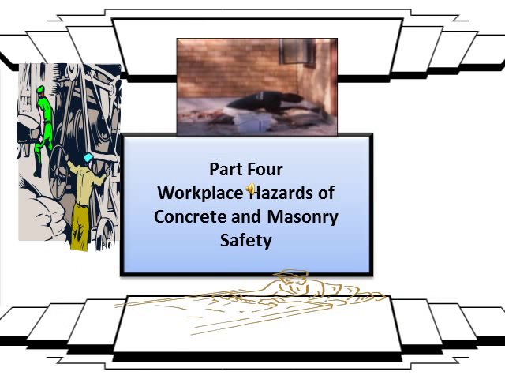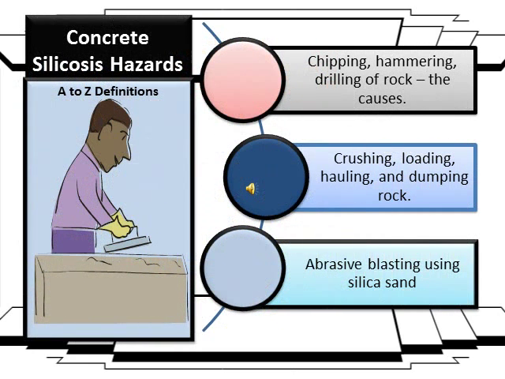Workplace hazards of concrete and masonry safety. Chipping, hammering, and drilling of rock are some of the causes of silicosis, along with crushing, loading, hauling, and dumping of rock. Abrasive blasting using silica sand is also a contributory factor in silicosis hazards.